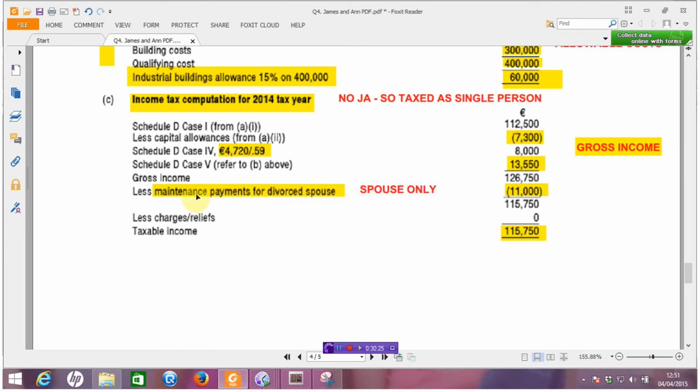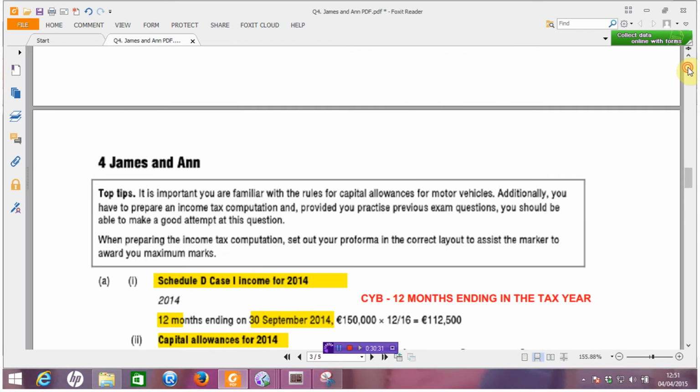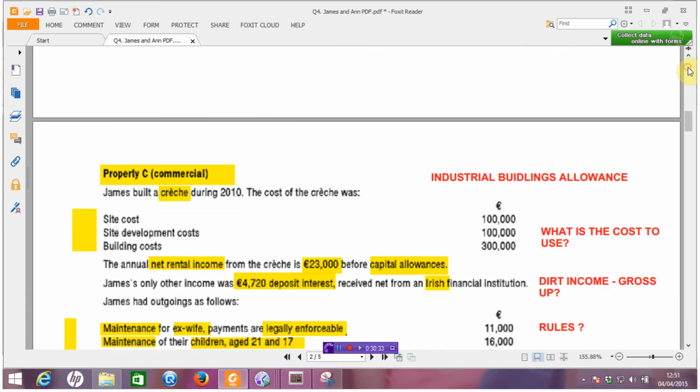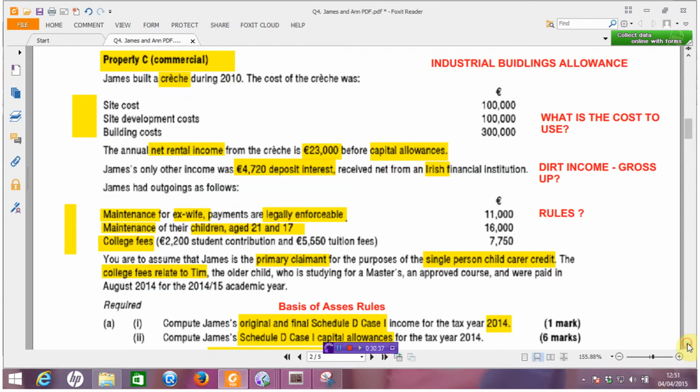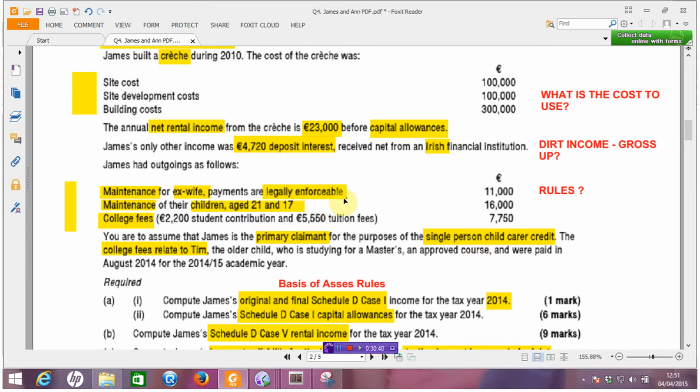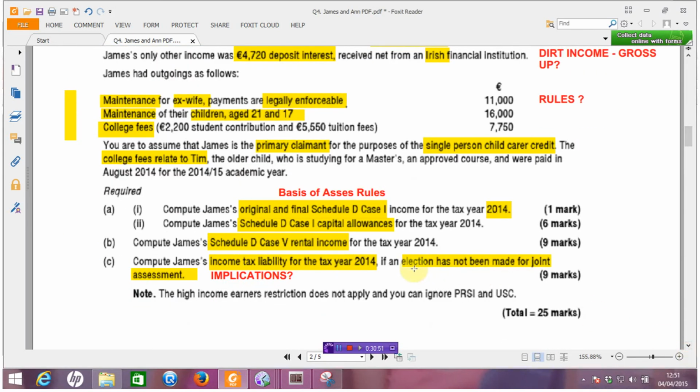Now we come to this area of maintenance payments for divorced spouse. I'll just take you back up to the question itself, and what we have here in terms of his outgoings, it looks as if he has maintenance for his ex-wife. He also has maintenance for his children. And in the requirement it says that he's not making an election for joint assessment.